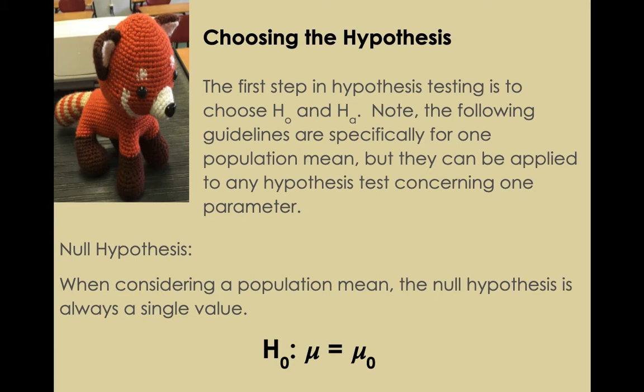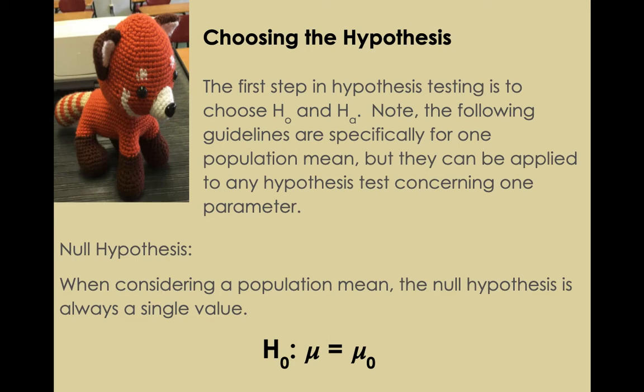So our first step is we need to find H sub 0 and H sub A. With these guidelines, we're focusing on a one mean parameter hypothesis test. Any hypothesis test with just one parameter, we can use these guidelines on. If we have more than one parameter, then we need something else. We're just going to focus on the one.